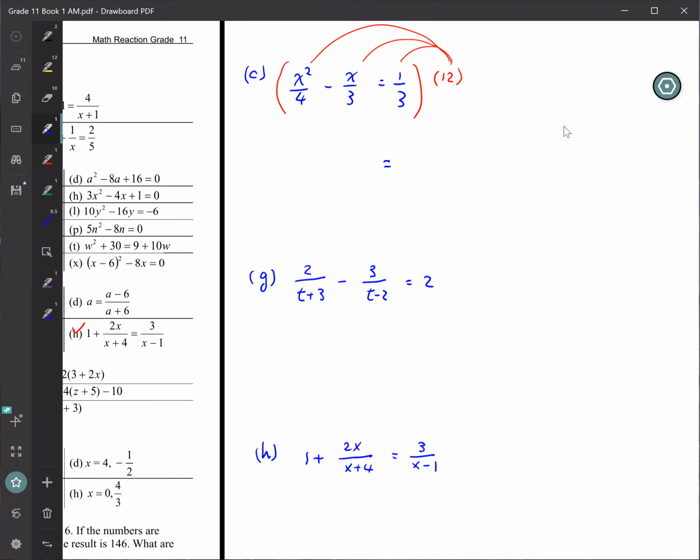Is there anyone confused about what to do here? Let me know, and I can go over step by step, okay?